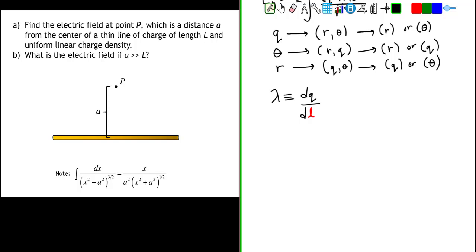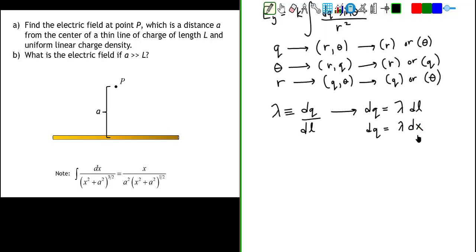This gives us the connection that we need between the charge q and the spatial variable, because upon rearrangement, we see that our representative charge element is equal to the density times the tiny length dl, and we set our coordinate system such that the tiny length dl lies along the x-axis. So we could say that the infinitesimally small representative charge dq is equal to lambda dx.